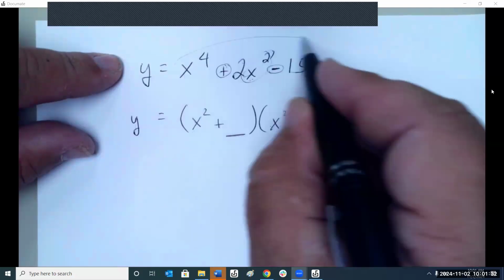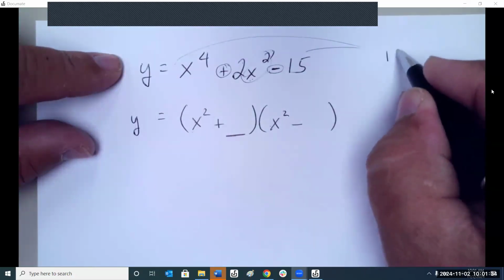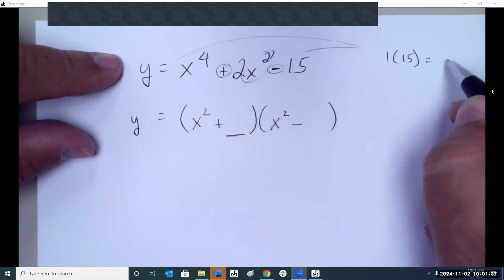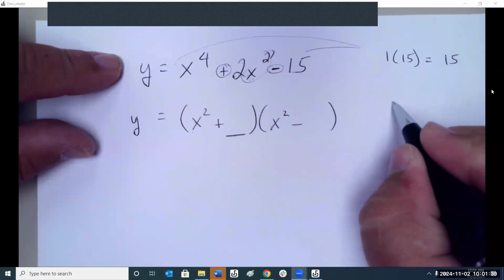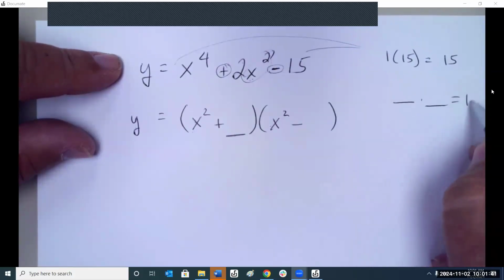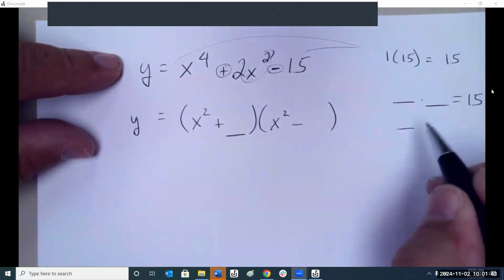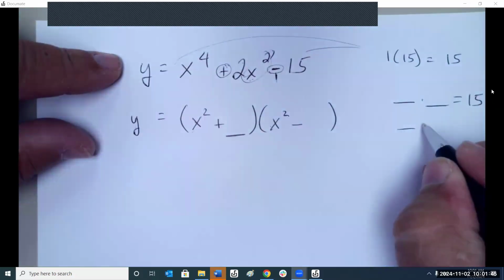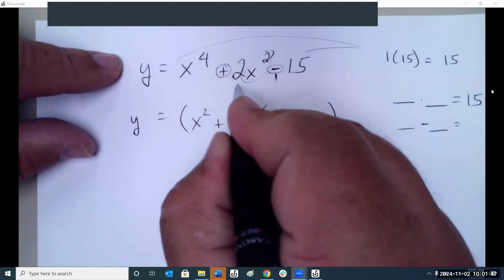So 1 times 15 equals 15. What times what equals 15? When we subtract them, it equals 2.